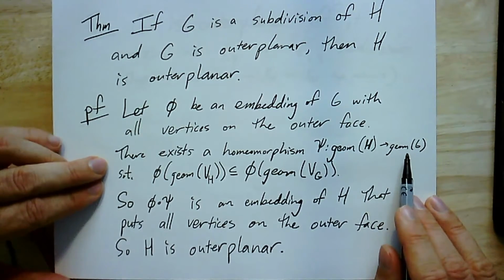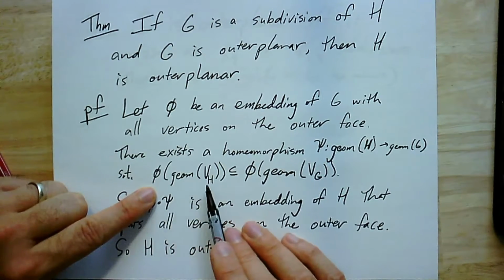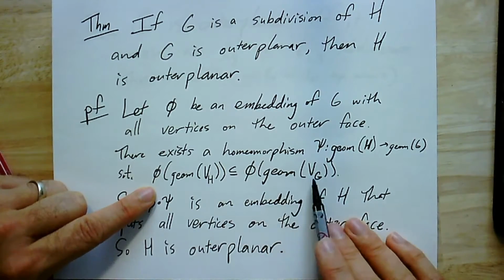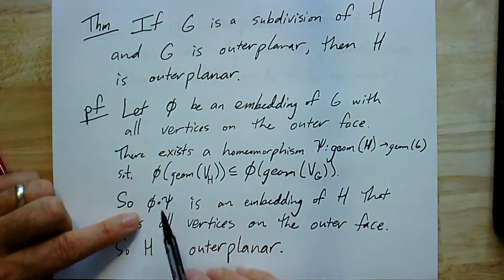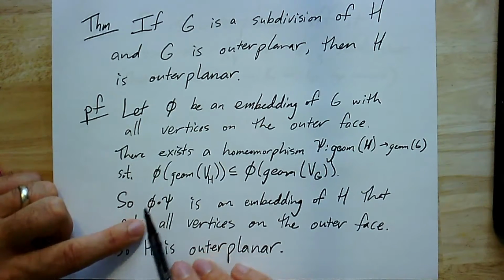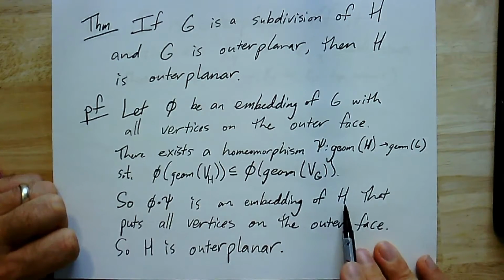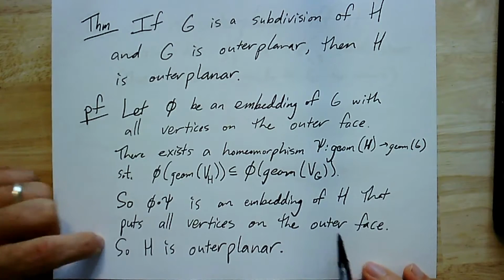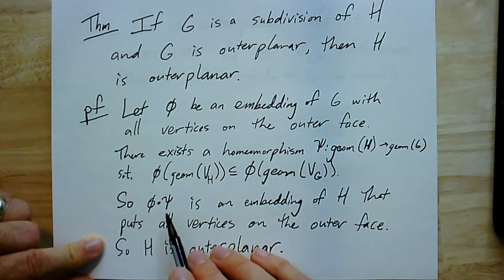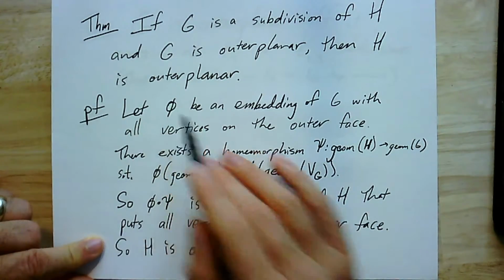Okay, so if I take the embedding and I just look at where it puts the vertices of H, well, that has to be a subset of the vertices of G. And so if I take the composition of the embedding and the homeomorphism, I'm going to get an embedding of H, and all those vertices are still on the outer face, right? Because this embedding is going to have the same image as just the embedding phi, right?